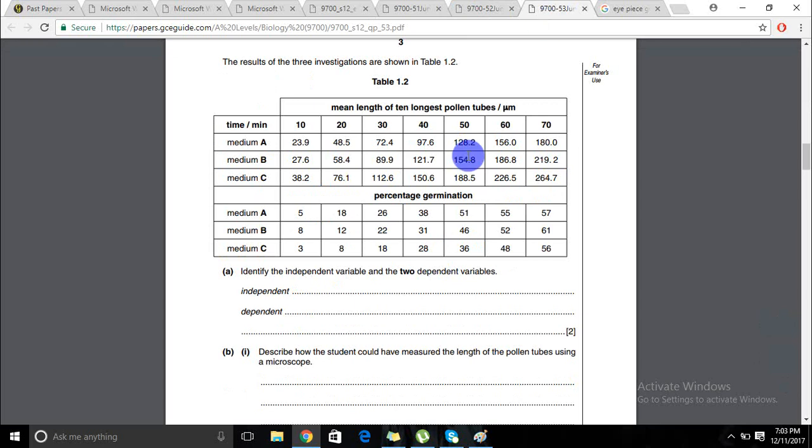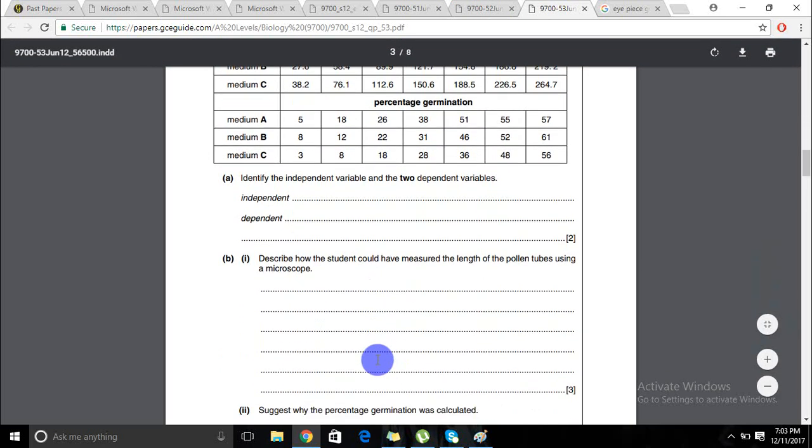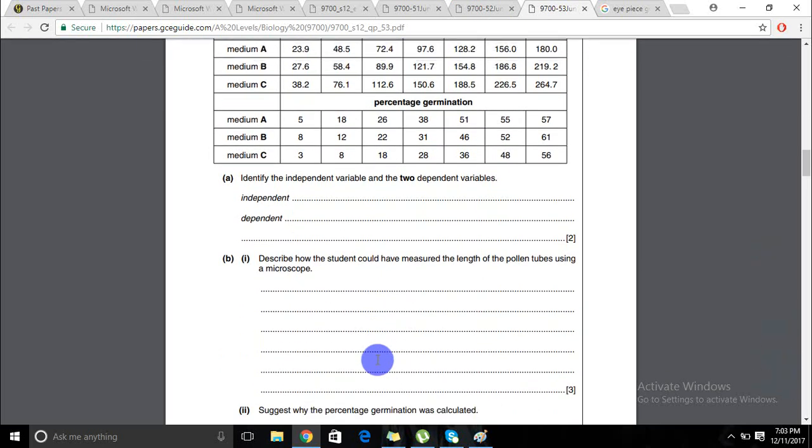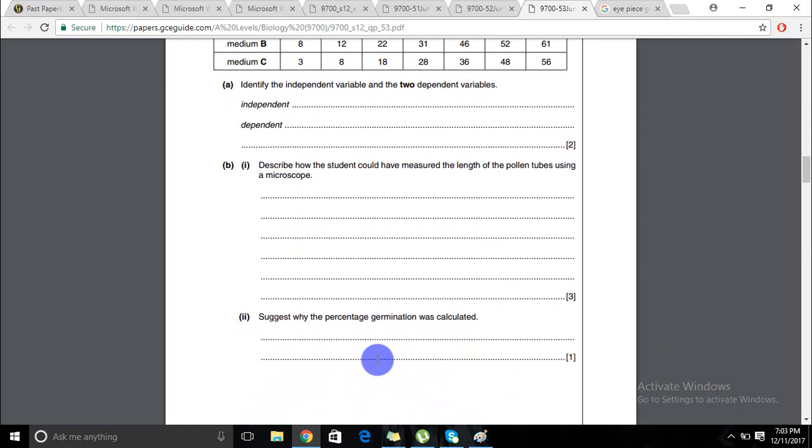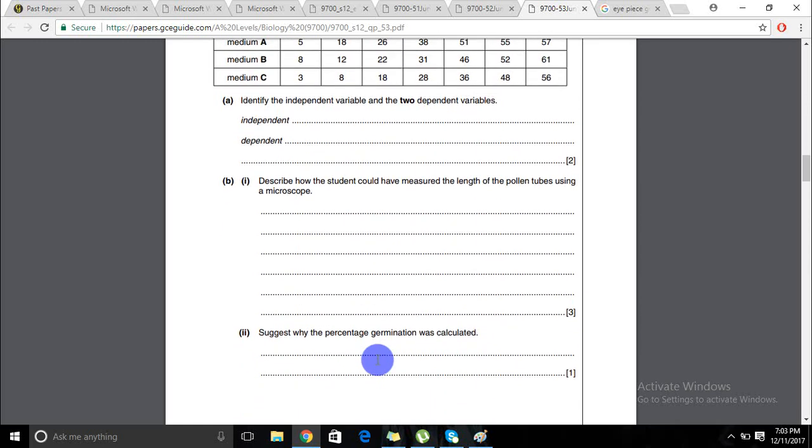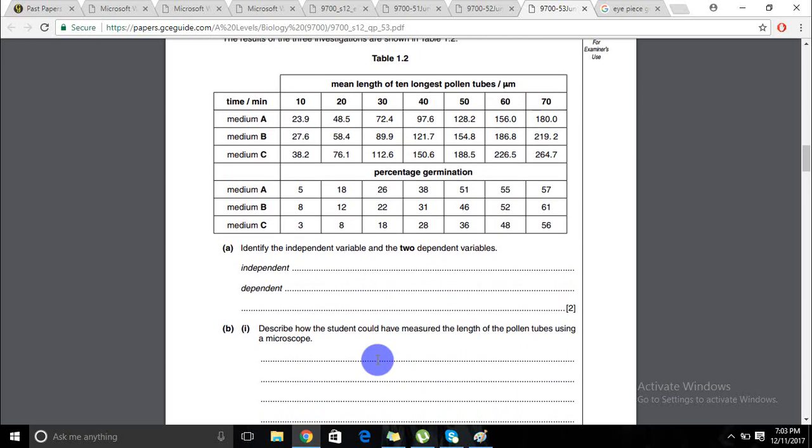Over here, they would have made use of an eyepiece graticule, calibrated using a stage micrometer, and they could have used them to measure the length, while the percentage germination was calculated, because you'd be taking different samples.